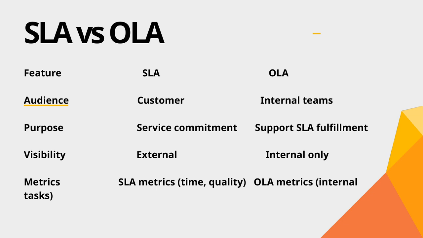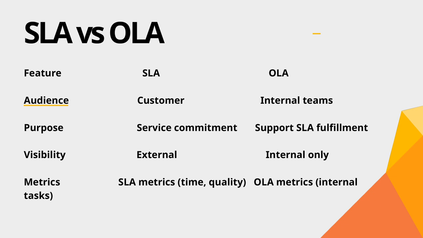When it comes to visibility, SLAs are generally external, meaning they are visible to the customer to set clear expectations. OLAs are internal only, used within the organization to coordinate and manage internal support functions. Finally, regarding metrics, SLAs track external performance measures like time and quality that impact the customer experience.